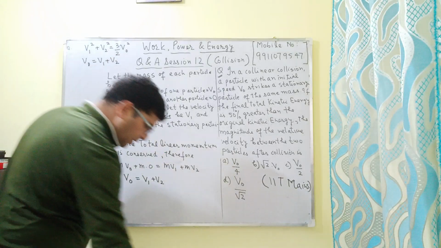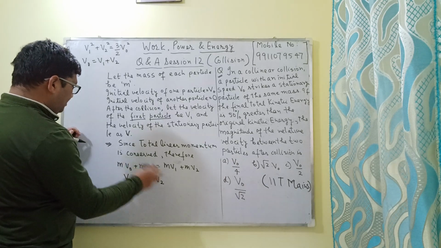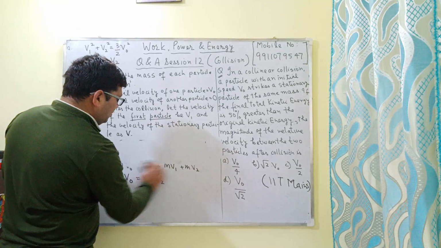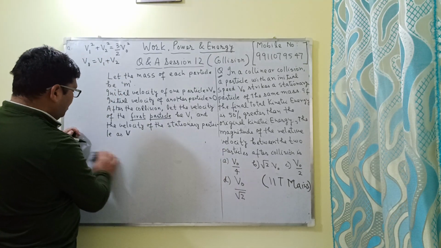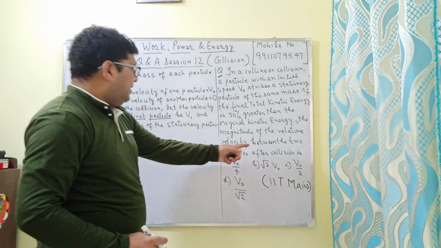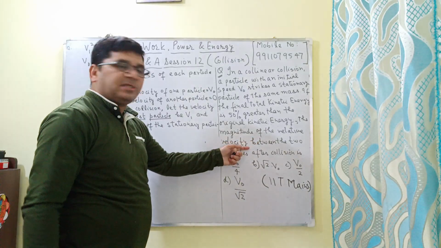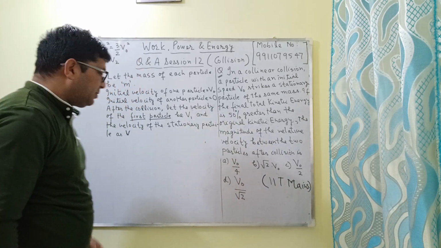Okay, now here we have to find the magnitude of the relative velocity between the two particles after the collision.